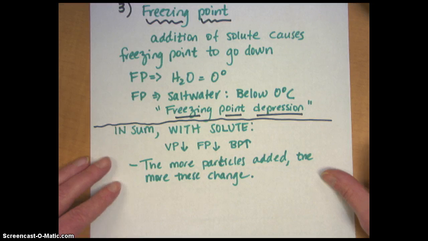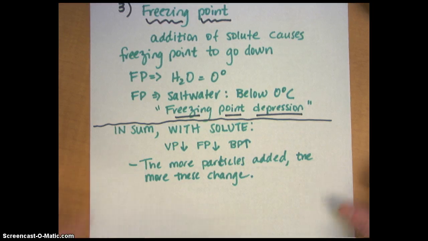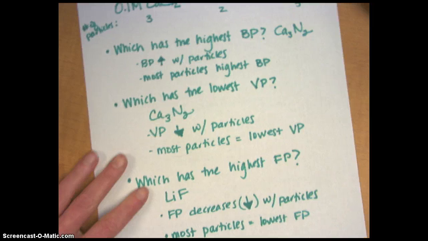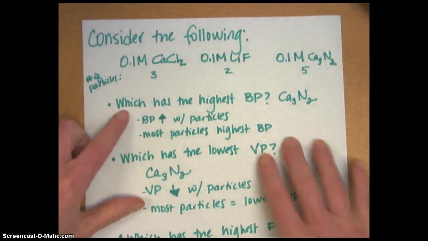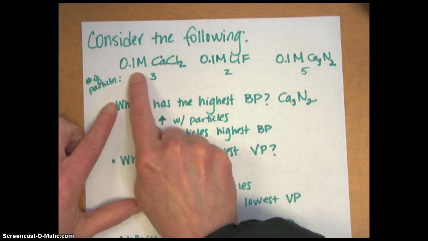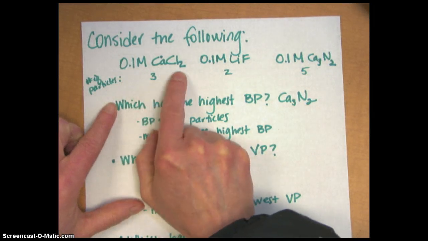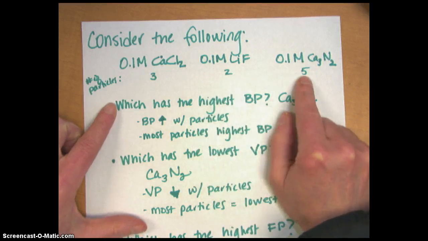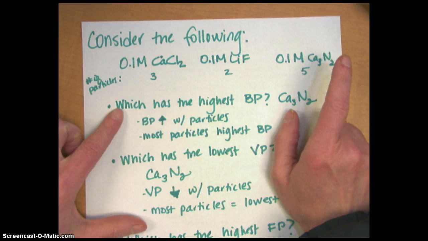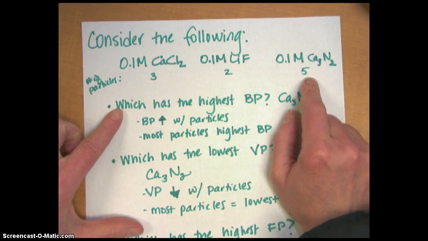The more particles that are added, the more that these change. So the number of particles added depends on whether or not you have ionic or covalent bonds. So let us consider the following: a 0.1 molar calcium chloride solution, a 0.1 molar lithium fluoride solution, a 0.1 molar calcium nitride solution.